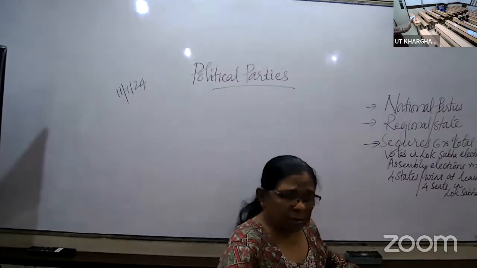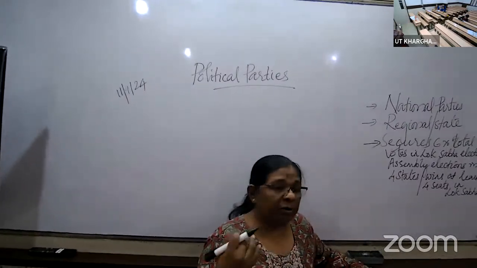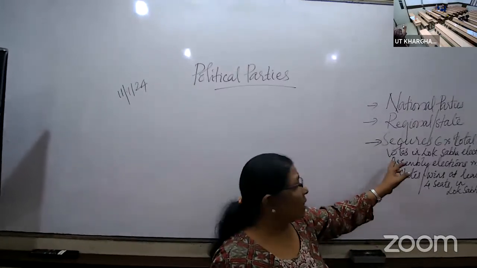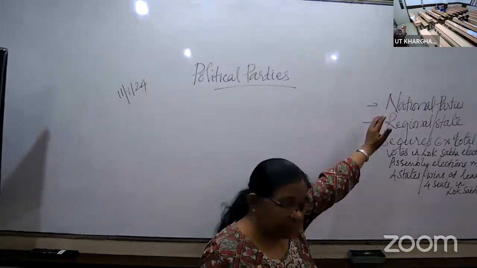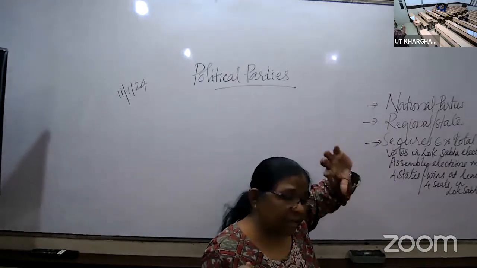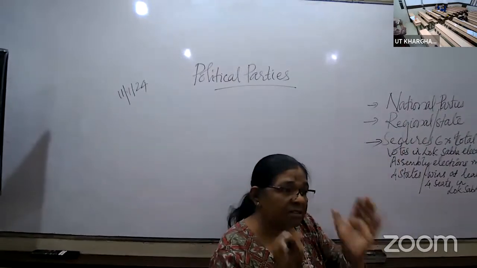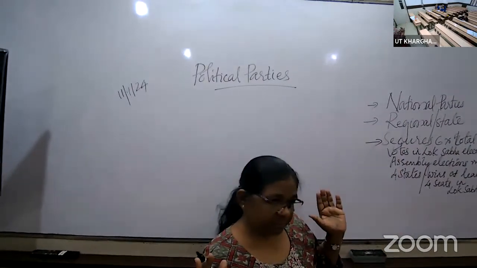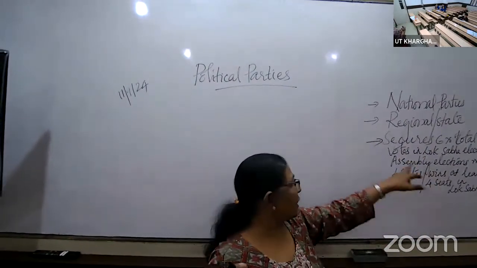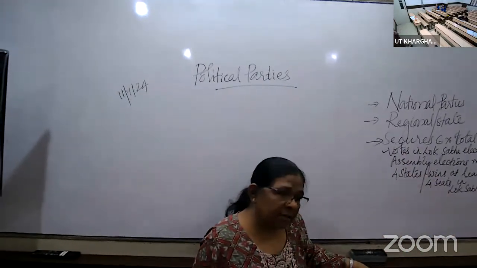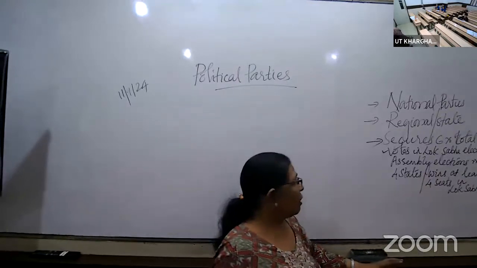Recently 2024 Lok Sabha elections were there. In that, if a political party got 6% of the total cast votes in the country, that can be one condition to declare it as a national party.